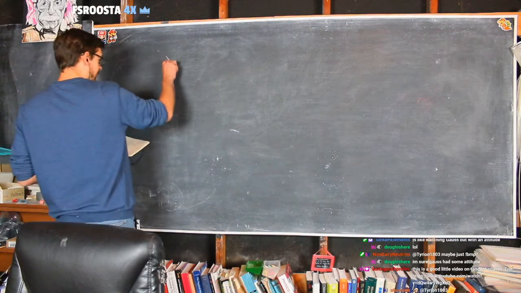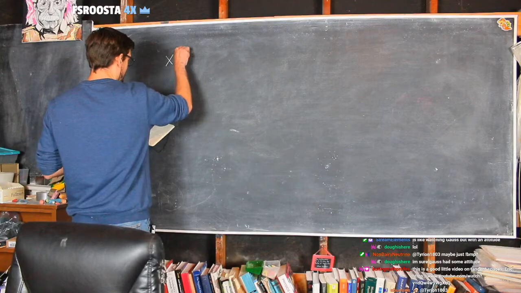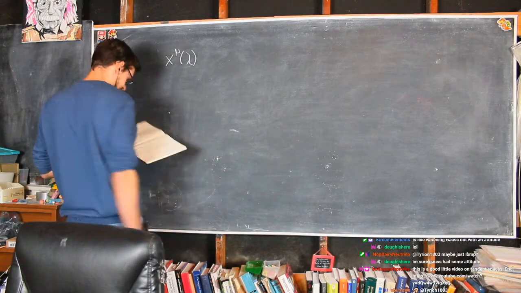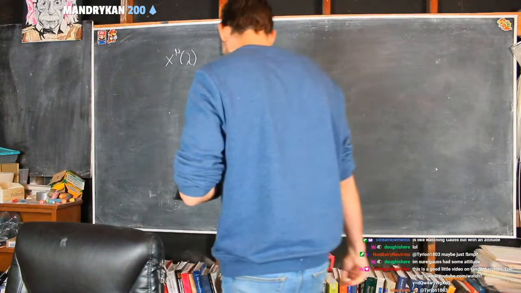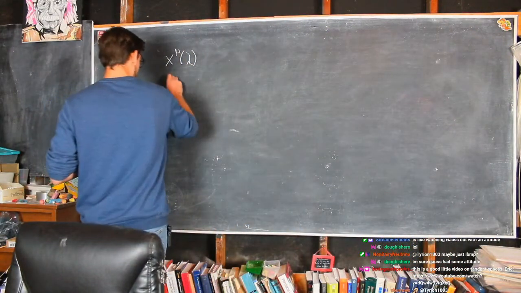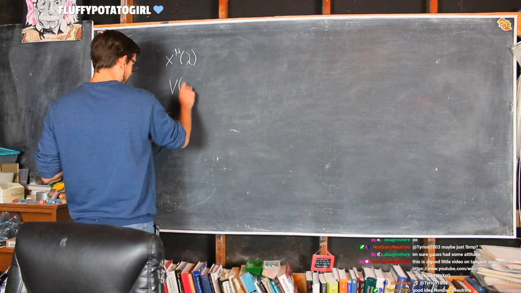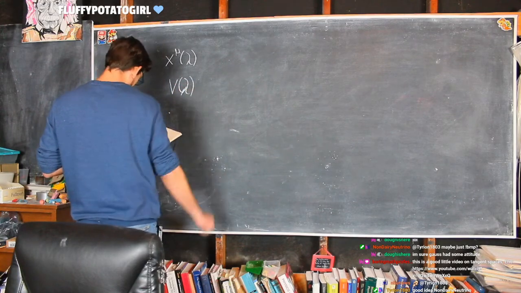So let's give an example. Now we could talk about the path in space-time, where each of these coordinates is a function of lambda, which is some parameter. So now our vector is going to be v, with some parameter lambda.